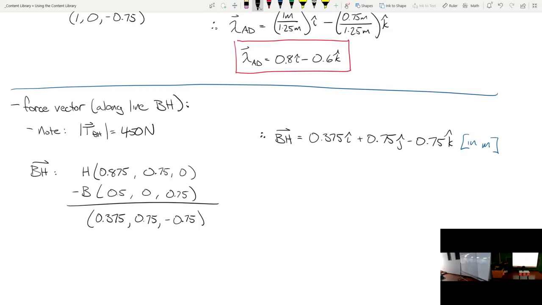So, same process as we've done before to define a force. Okay? So, we determine the magnitude of that vector using our old friend the Pythagorean theorem. And so what do we get for that?